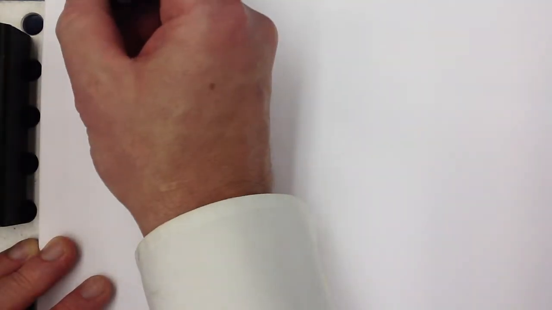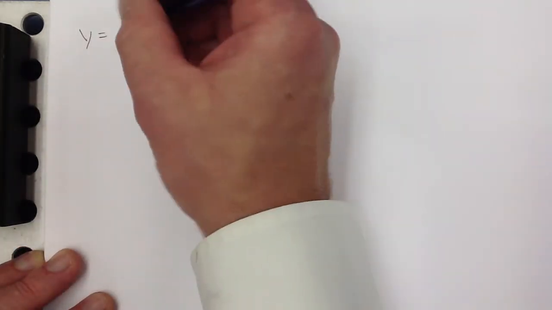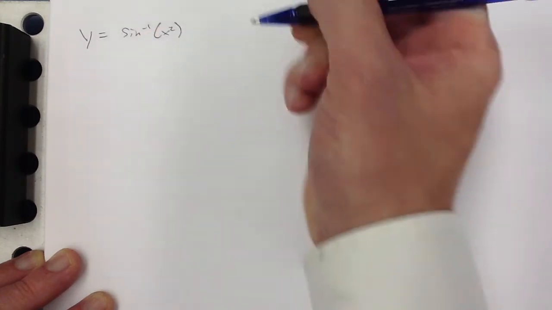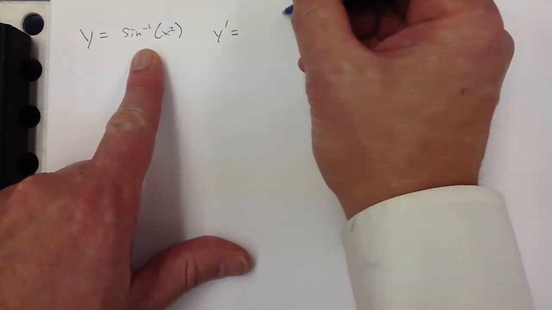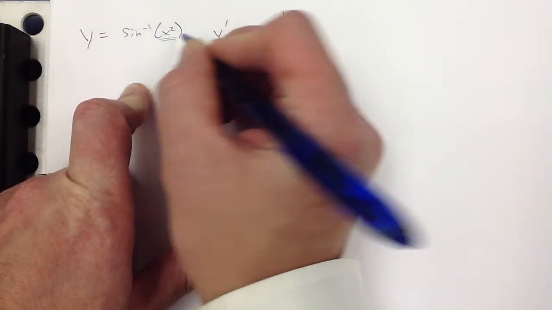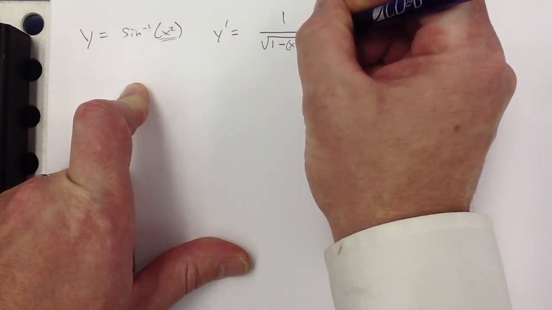And last, let me just do a couple examples with those. So let's say y is equal to sine inverse of x squared. So then the derivative of that would be 1 over the square root of 1 minus whatever's in here squared, right?